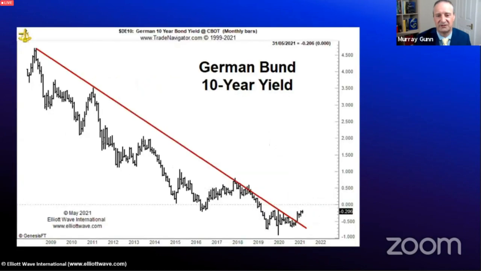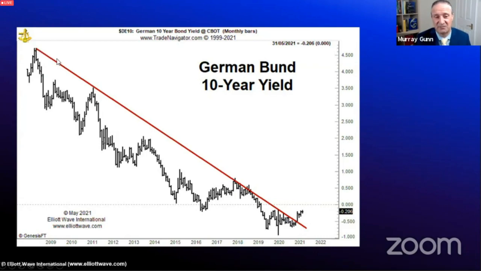In terms of the specific other markets, here's a clue coming from the German Bund. This shows the 10-year yield, and there's no wave count obviously on it, as you can see here, but we do have a wave count which suspects a higher yield moving above zero, back into positive territory from negative territory at the moment.